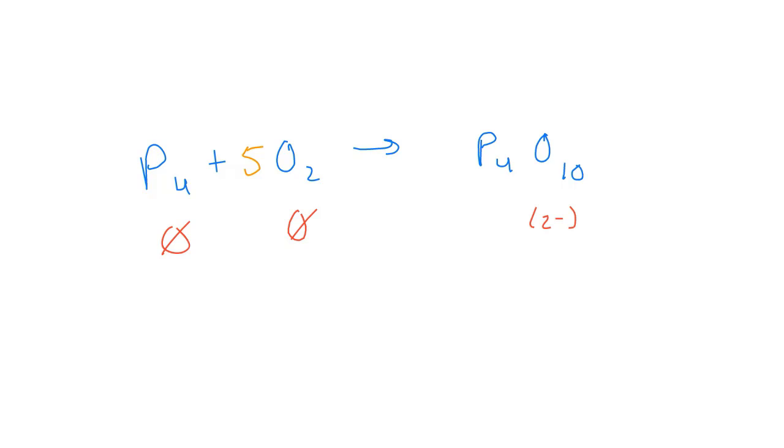So having 10 of those, you're going to have a 20 minus, right? So should also have 20 plus, exactly. So that should leave us with a 5 plus right here for each individual. So this is total. This is individual.